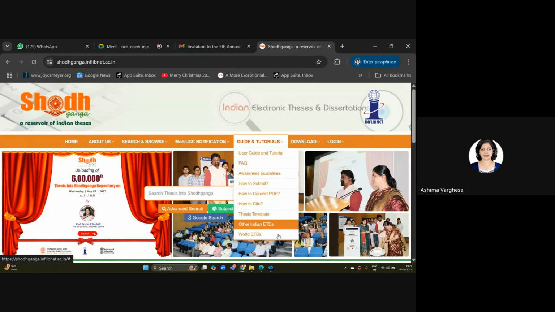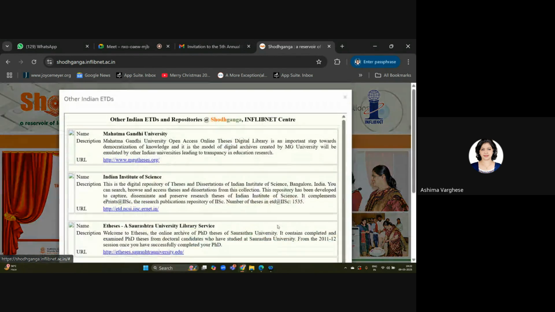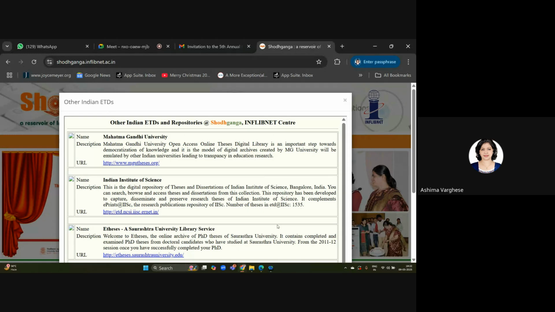Now, these are two important things which I want you to consider: other Indian ETDs and world ETDs. So we will go to other Indian ETDs, means electronic thesis and dissertations. In 10 minutes, I'll be explaining this. See, other Indian ETDs or repositories at Shodh Ganga, it contains different types of universities.